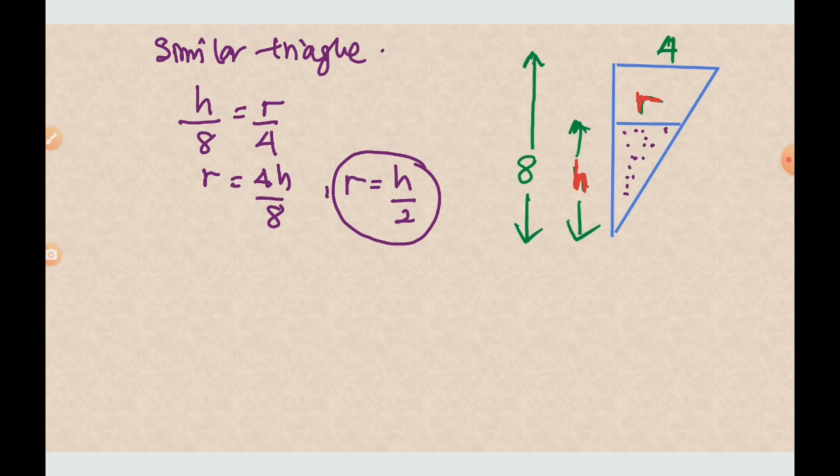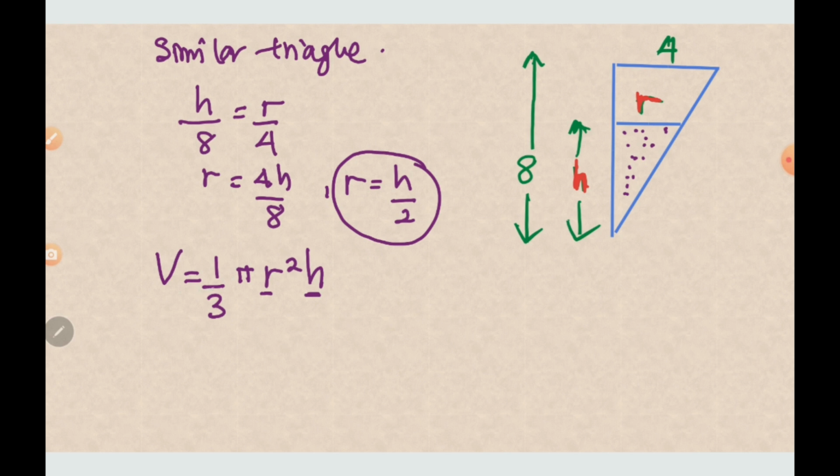Okay, so now we will use the formula for the cone. That is, volume for the cone is equals to 1/3 pi r squared h, where r is the radius of the cone and h is the height of the cone. What I want to do here is I will write the volume in terms of either r or h.